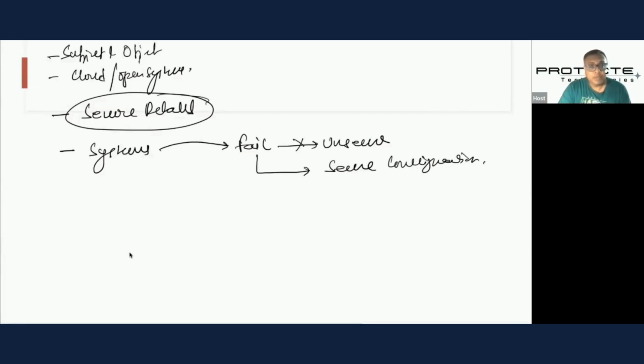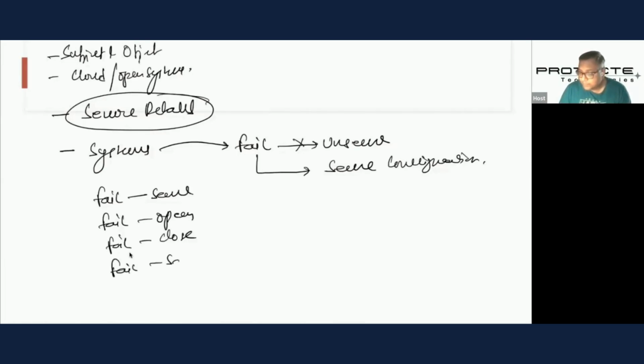For failing, there are many concepts. Systems might be designed to fail secure, to fail open, to fail closed, or to fail into a safe mode.